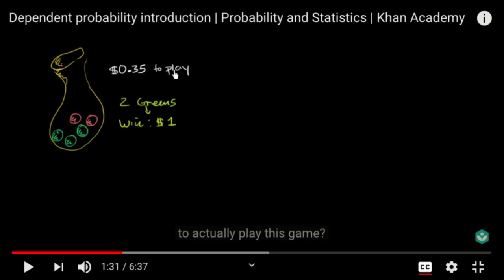So would people play this game? Is the probability that you're going to win better if you have to pull 2 consecutive green marbles out? Anybody? No? Why, John? Why did you say no? Does anybody say yes?